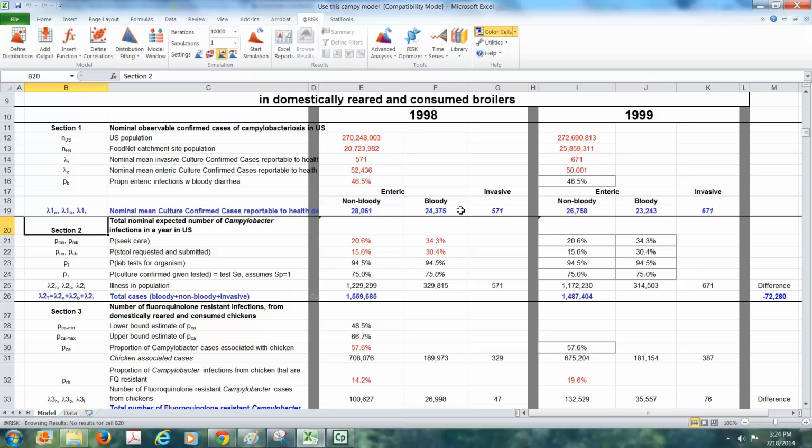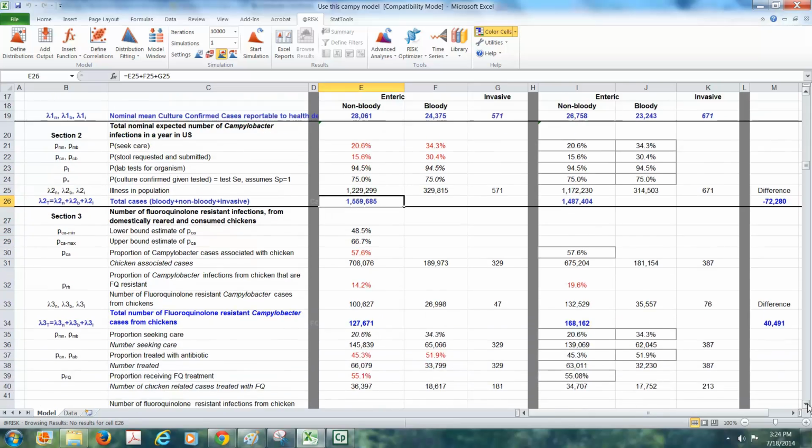What we would like to know is how many total cases of Campylobacteriosis did we have in the United States? And Section 2 estimates that from these numbers here to this number here. So in this particular estimate, we see about 1.6 million cases of Campylobacteriosis in the United States.